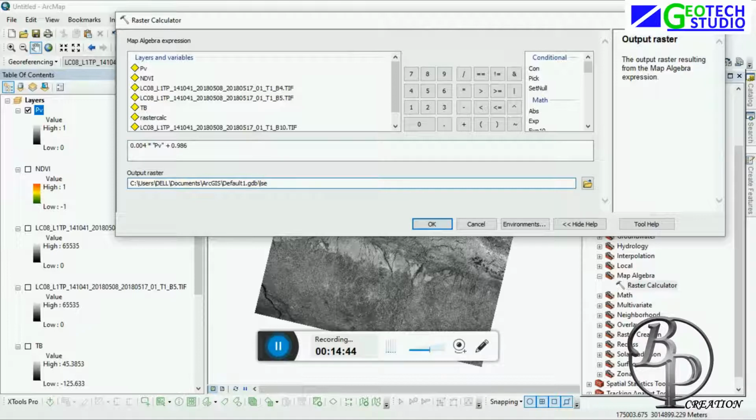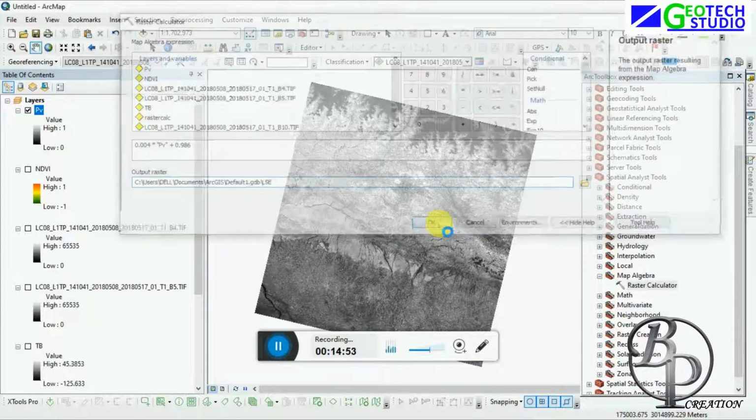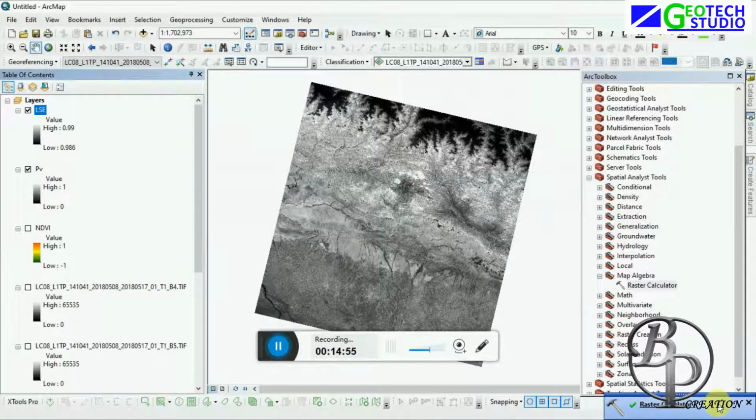I am assigning the name land surface emissivity. You can save it in your desired location or working folder. Click OK, and we are gonna get our land surface emissivity value.